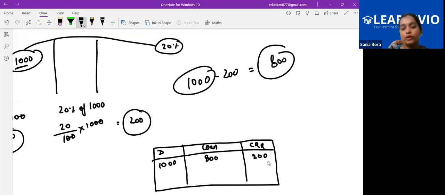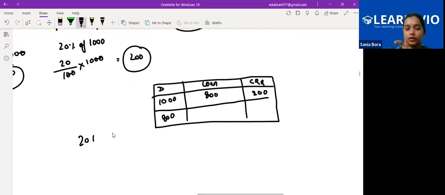Now, whoever takes the loan is going to keep it as a deposit in the bank only, right? So now the deposit would be 800. Now you will find 20% of 800. Find me 20% of 800 quickly and tell me the answer. Sorry, ma'am, I went out.